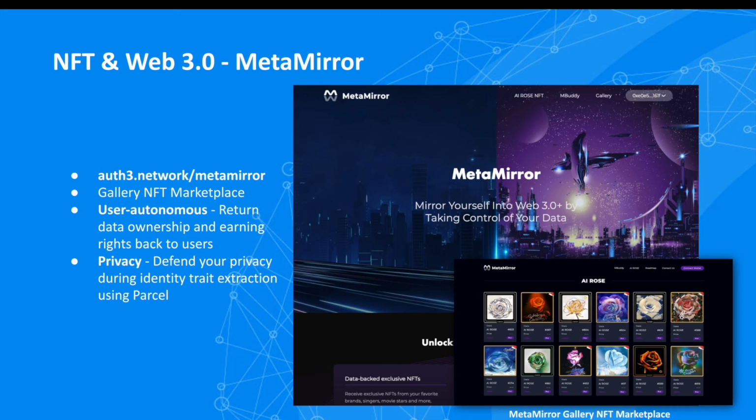Okay, and maybe even earn for that because they will allow some data to be shared, right? And also the privacy, which is also used by Metameter, right, for a specific project, not for everything, because Metameter is also an NFT marketplace and a gallery, so you can check your NFTs.